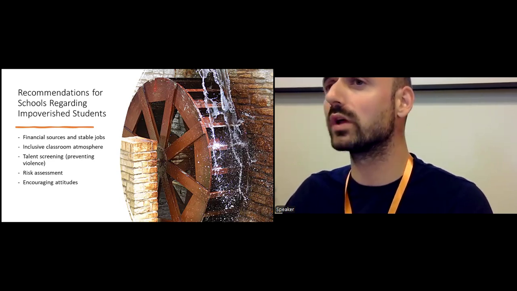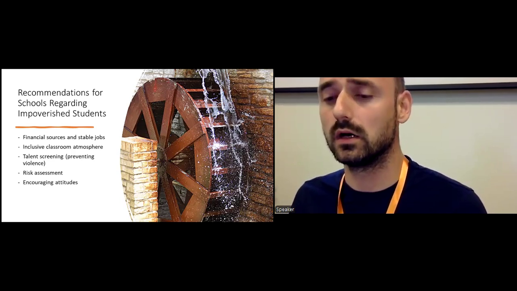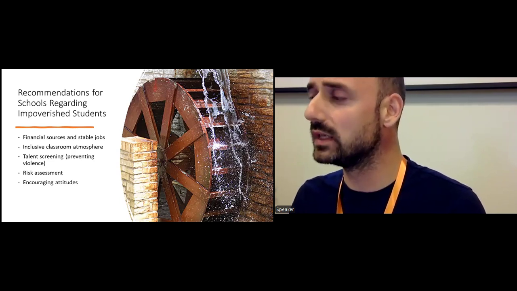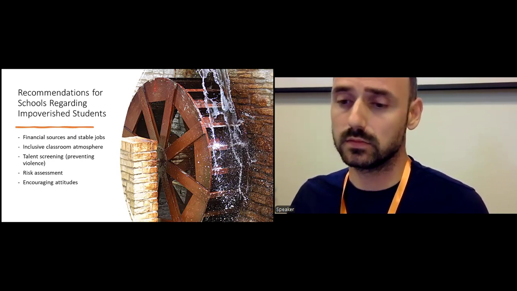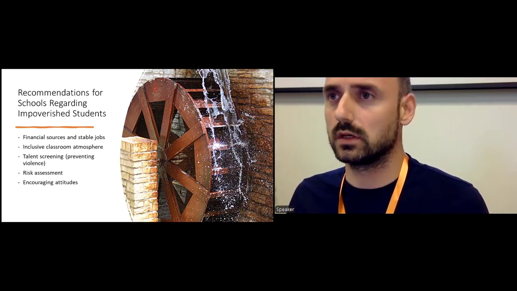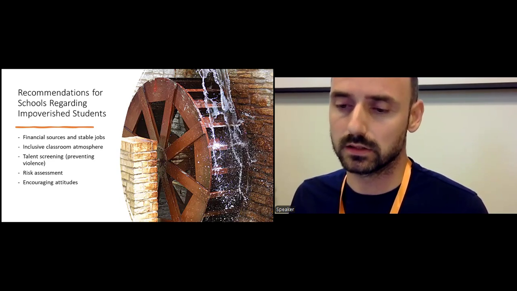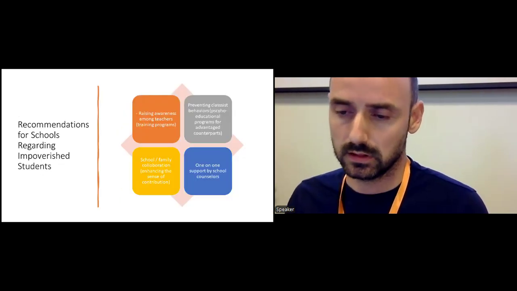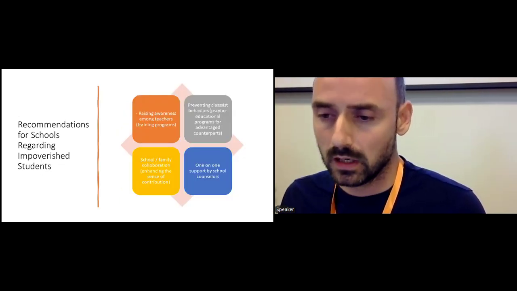We have to know all kinds of risks at the beginning of the year, and that's how we can prevent the potential problems. Encouraging attitudes, needless to say, I'm not going to talk about it because I believe I did.